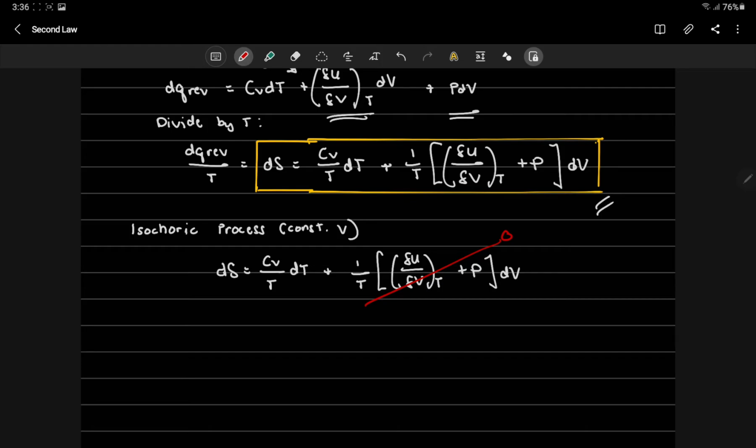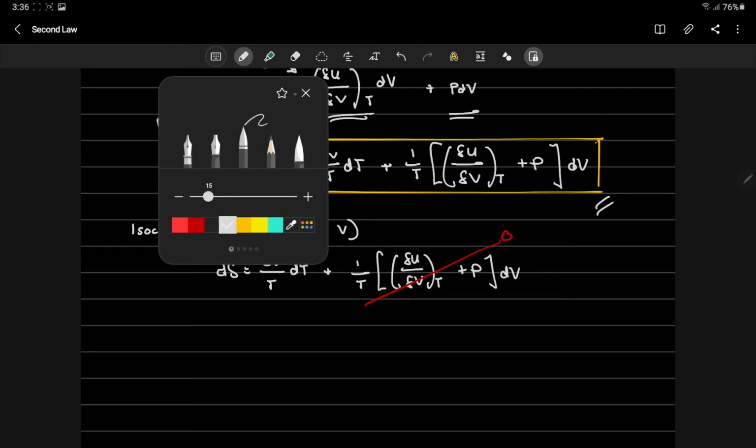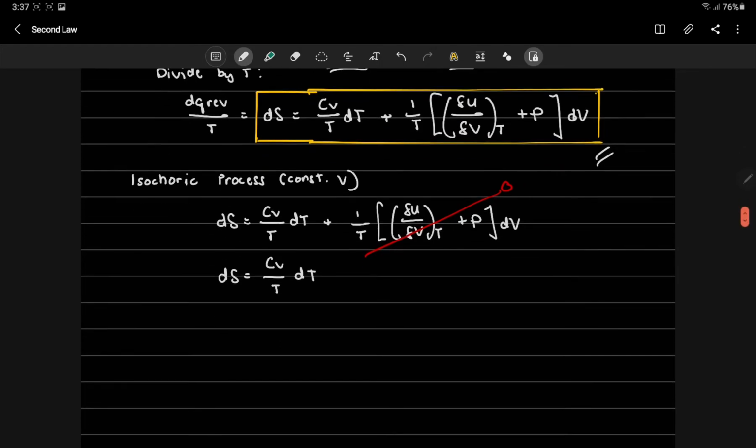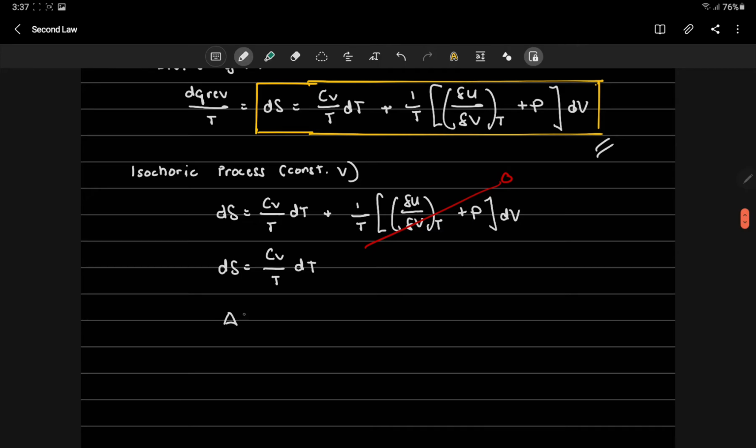Ang mangyayari, ang maiiwan na lang sa equation natin will be ds equals cv over t dt. Therefore, to get delta s, all you have to do is integrate that. Integral of cv over t dt, from initial to final.